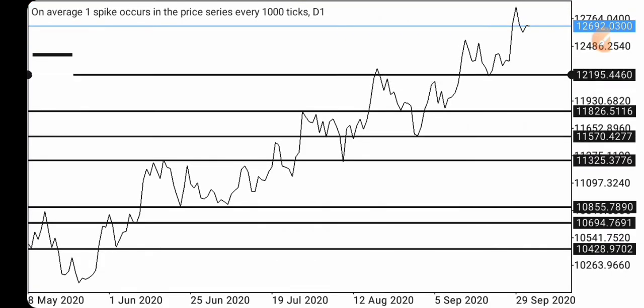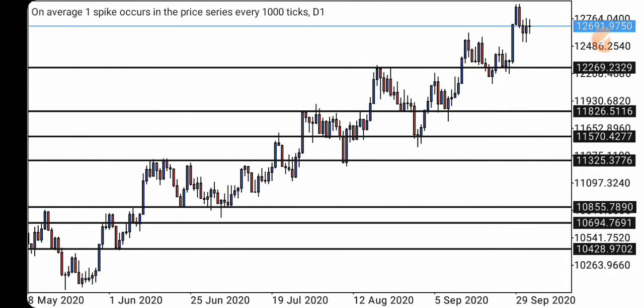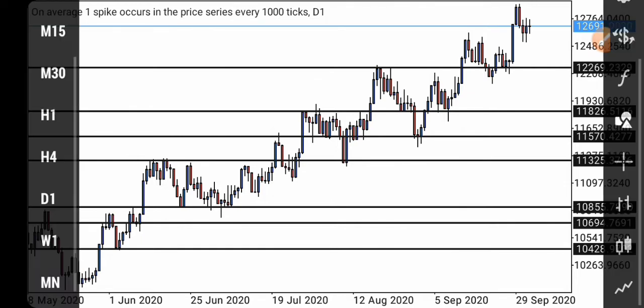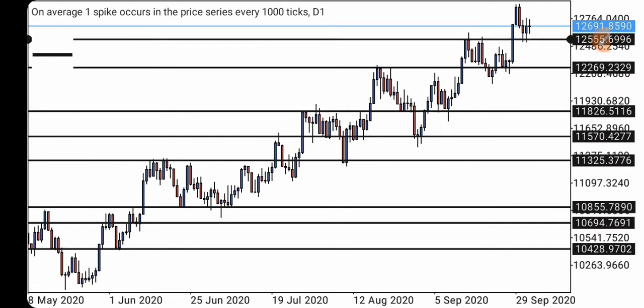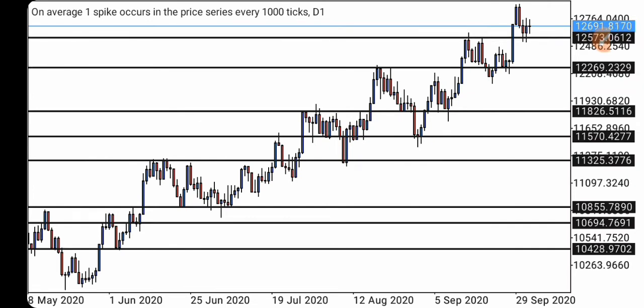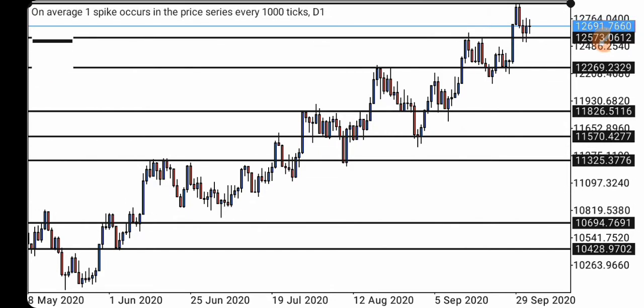Bring another one here. You can see, it's that easy to identify a zone. I told you guys I'll make it easier for you to know how to identify those key levels.